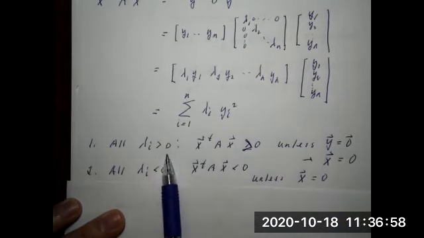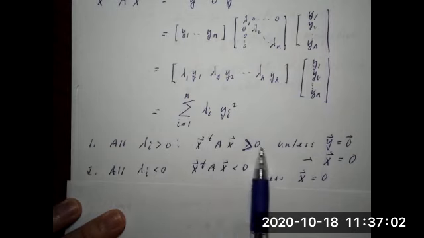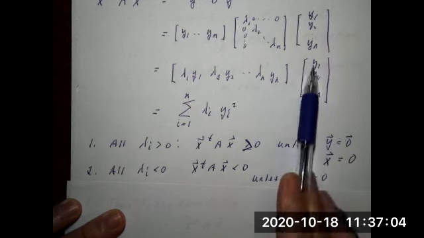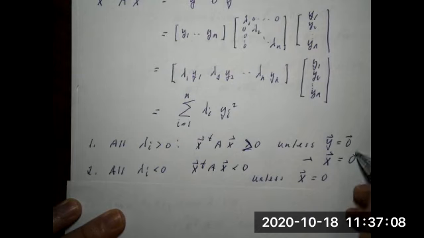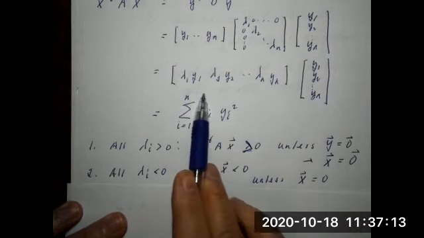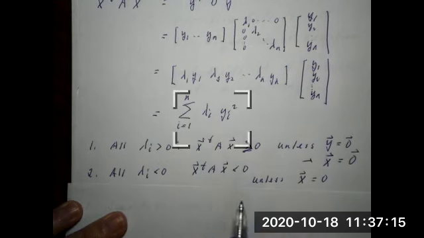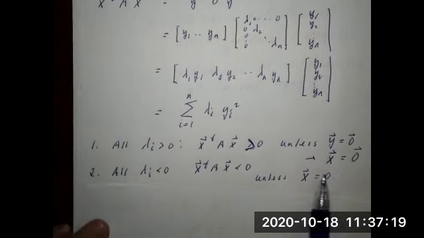In the first case, all the eigenvalues were positive. This quantity would be positive unless y was the 0 vector, but that would mean that x was the 0 vector as well. Similarly, if all the eigenvalues are less than 0, this quantity will be less than 0 unless y is the 0 vector, which again means x is the 0 vector.